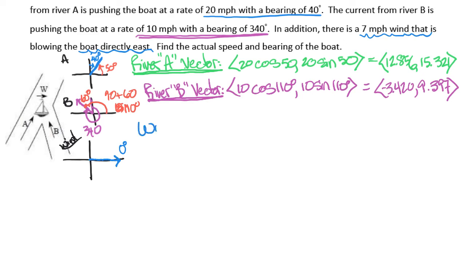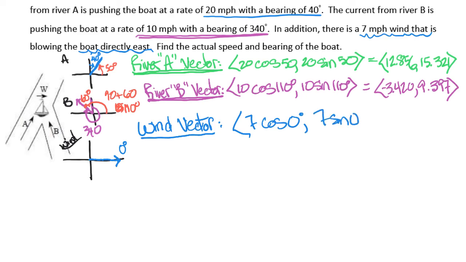So for the wind you're going to have 7 cosine of 0 and 7 sine 0. Well, cosine of 0 is 1. Don't even need our calculators for this. 1 times 7 is 7. Sine of 0 is 0. 0 times 7 is 0. So the wind vector is 7, 0.